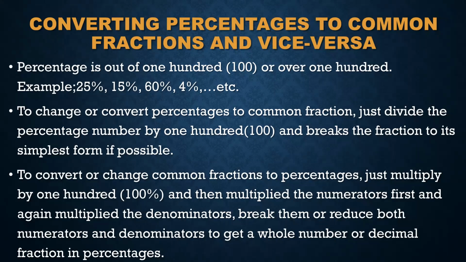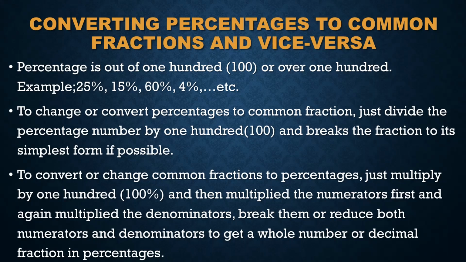Reduce both numerators and denominators to get a whole number or decimal fractions in percentage. So in a percentage, you must reduce to get one number or a whole number.